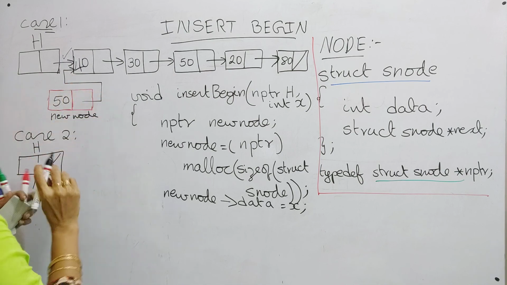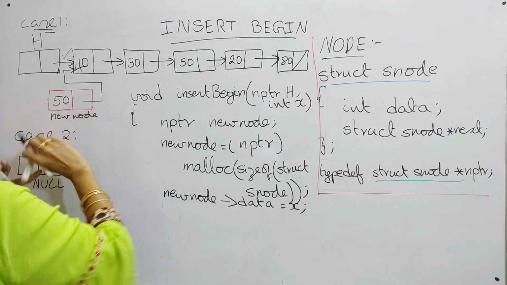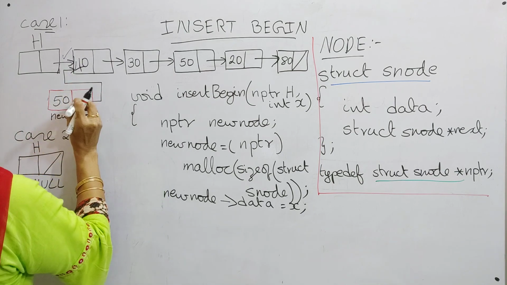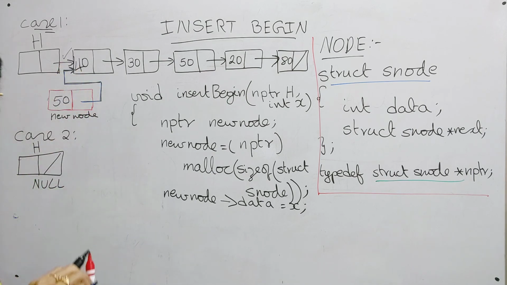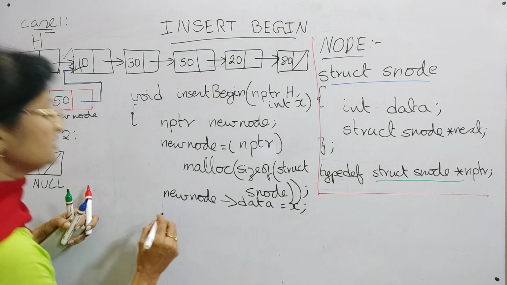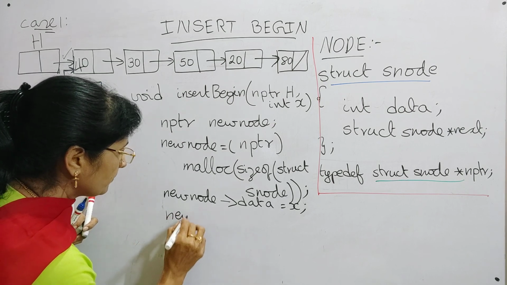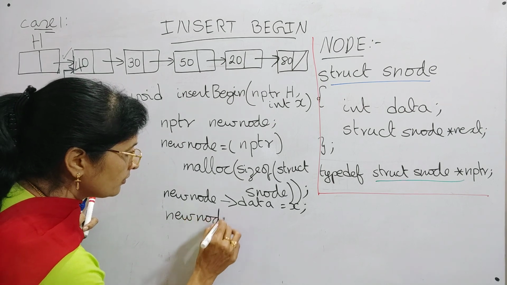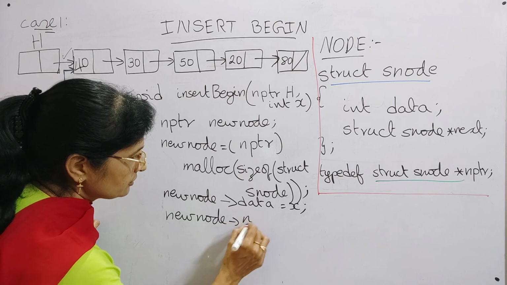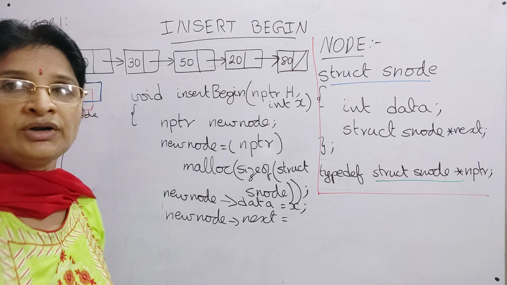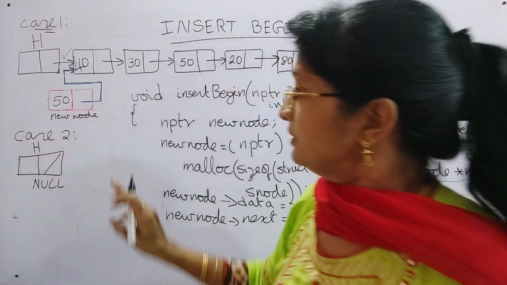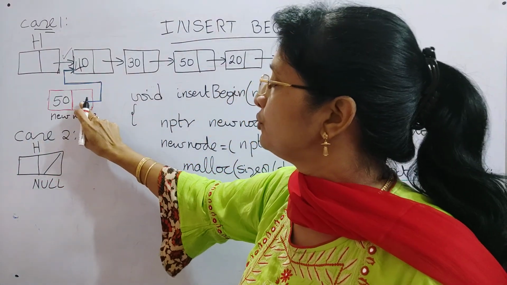to this particular new node. So first we will give it as new node next. At present, do you have any value in this new node next? We don't have any value. So what are we giving now to new node next?